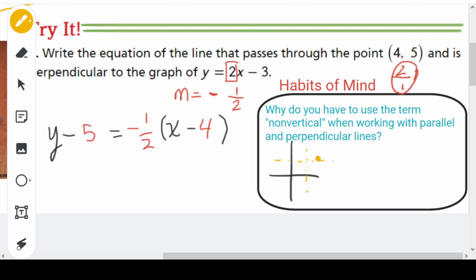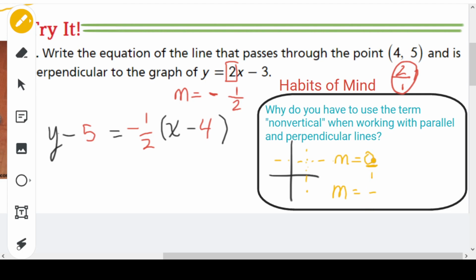First thing, vertical lines have an undefined slope. Why is it undefined? Well, the slope of a horizontal line is 0. Now, 0 is just 0, right? You could divide it by any number. I could put a 1 under it. And if I go to find the reciprocal of that, the opposite reciprocal, to find the opposite, 0 is neither positive nor negative, but I'll go ahead and just slap a negative on there.